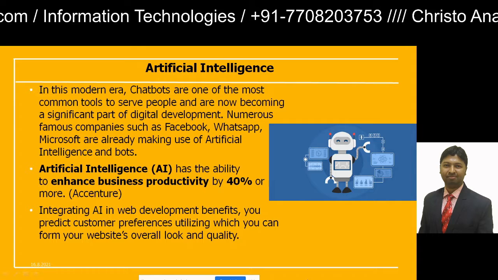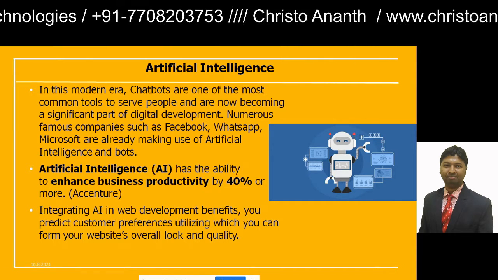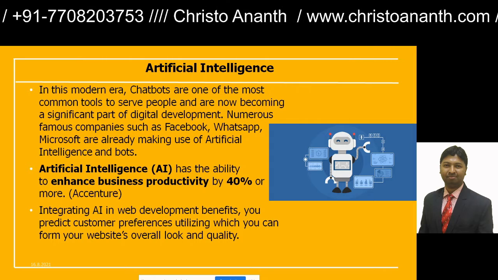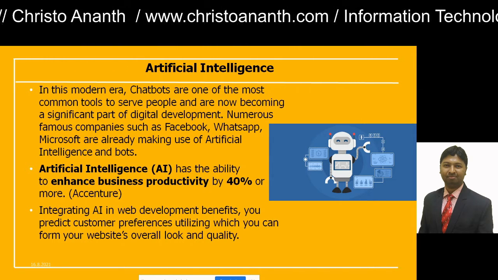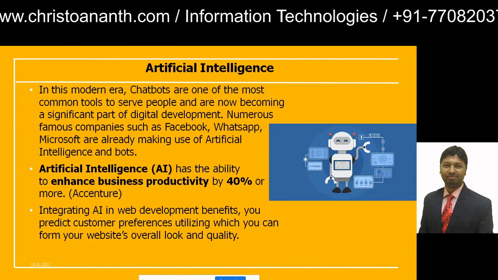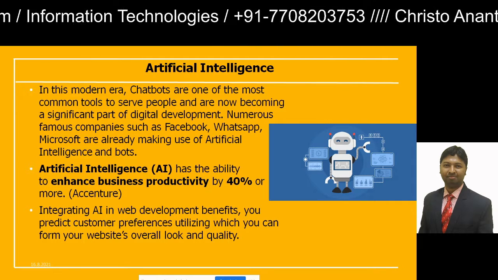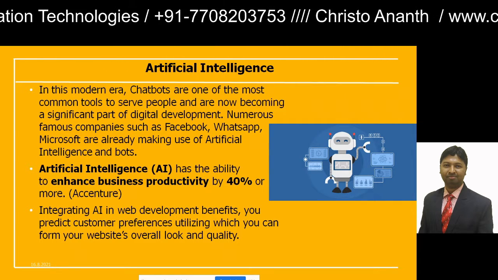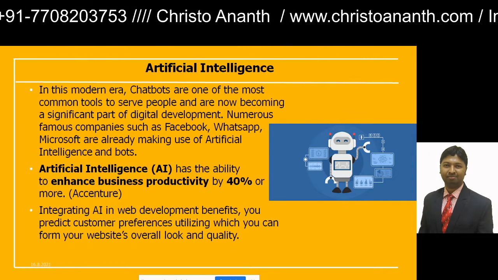And now comes AI, Artificial Intelligence. In this modern era, chatbots are one of the most common tools to serve people, and it is now becoming a very important part of digital development. For example, Facebook, WhatsApp, or Microsoft are already making use of AI technology as well as chatbots. Artificial intelligence has the ability to enhance business productivity by 40% or more.